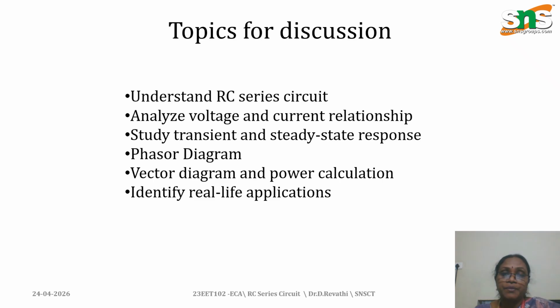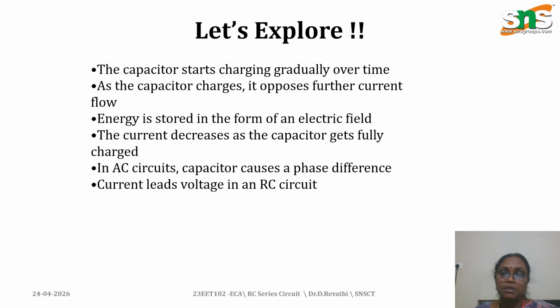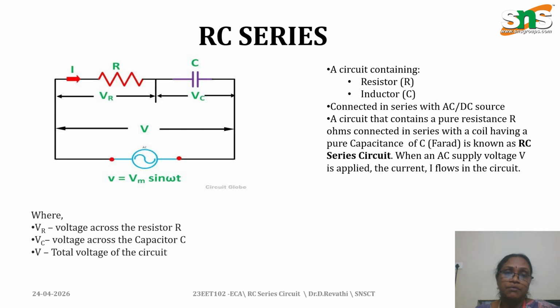Good. So today the topics are related to the RC series circuit and analyzing the voltage and current phasor diagram, vector diagram, and power calculation along with real-time applications. So see the diagram of the RC series circuit. R and C are connected in series across the supply voltage.